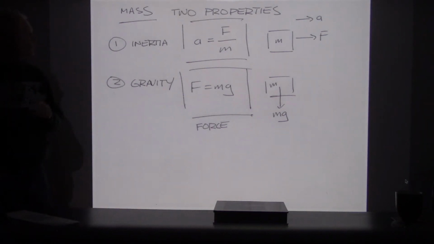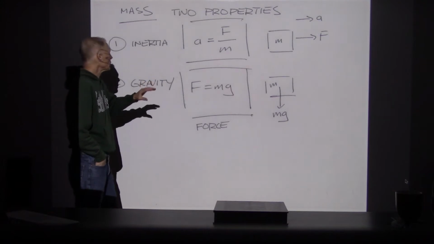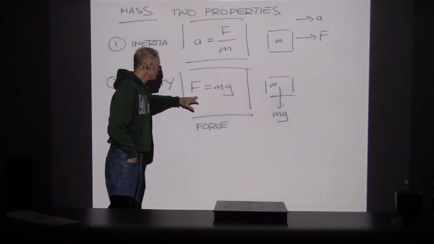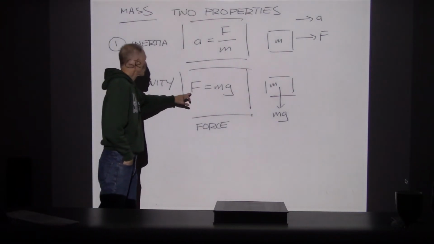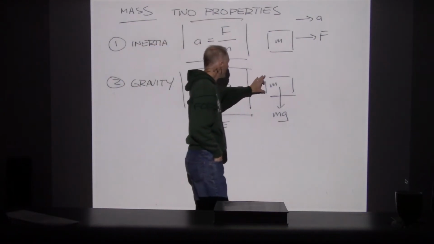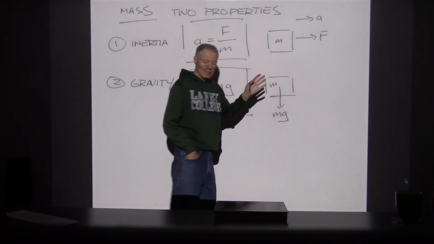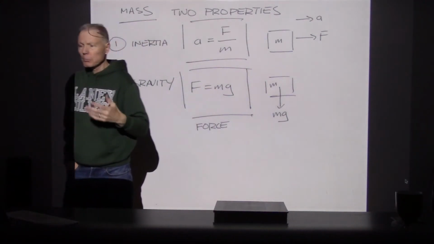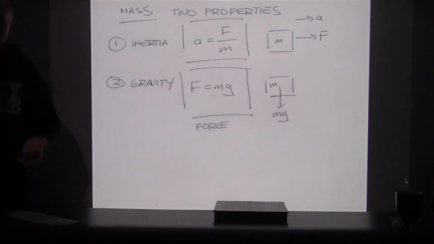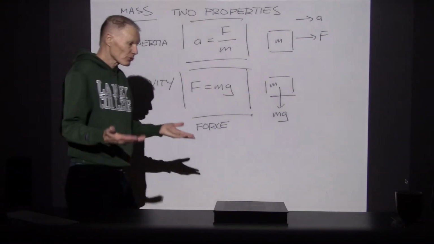Okay, here are the two properties of mass. I just want to remind us, we've now looked at the official slides for the gravitational force. The gravitational force is F equals mg. What does that look like? If I have an object with mass m in the vicinity of a planet or a star, and as you know, in 95% of the examples we look at, we're looking at the gravitational field of the Earth near the surface.